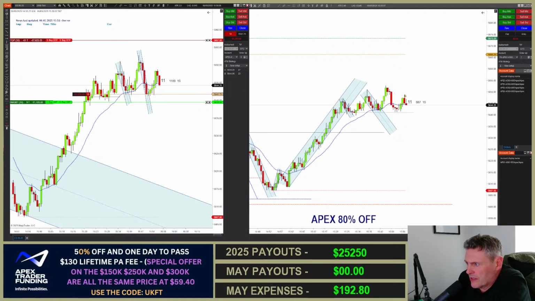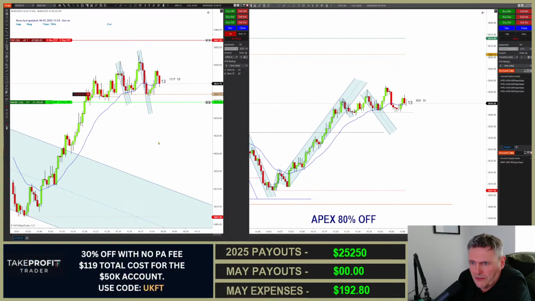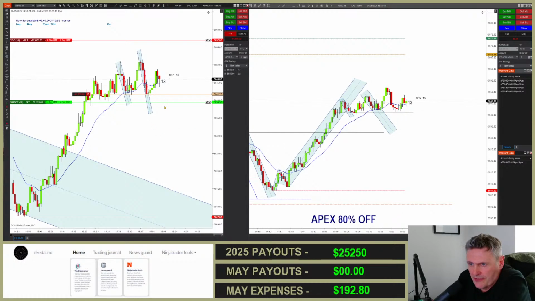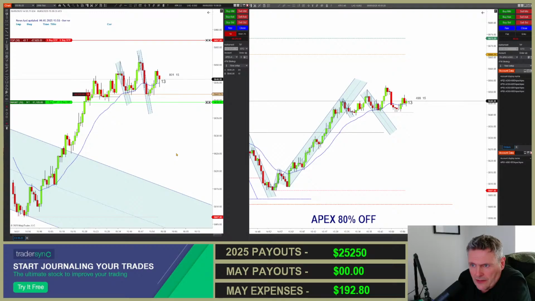Looks like a shoulder, head, shoulder. Come on, flush down. If it can get below this bar here or this bar here, it should have enough legs to go. That's if it can. It's not looking so good now, though.